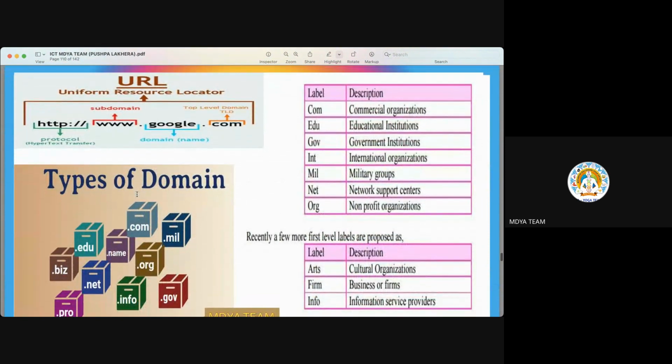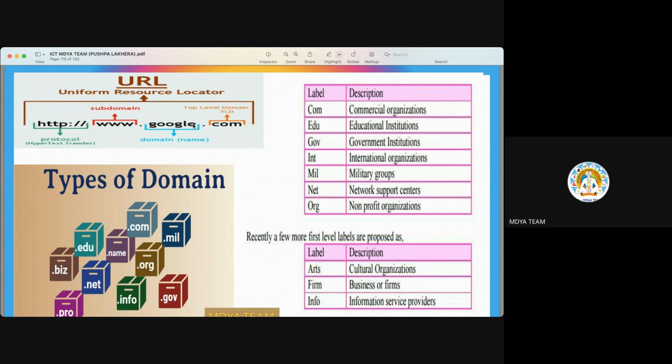Then there is the URL address which we give when we want to search some website, Uniform Resource Locator. First is the protocol, Hypertext Transfer Protocol. Then the subdomain, which is www, World Wide Web.